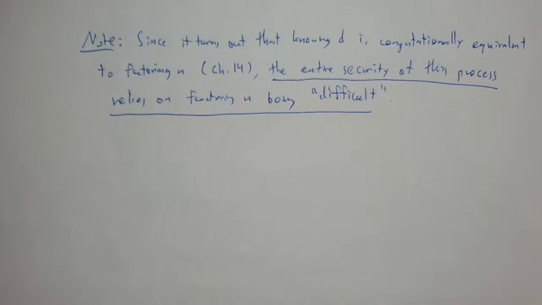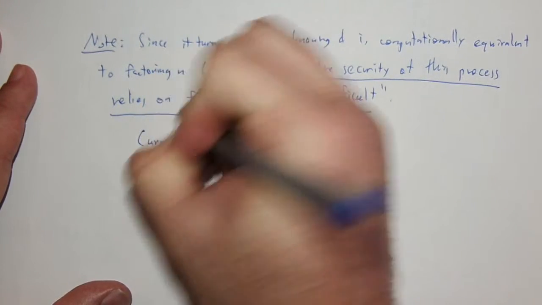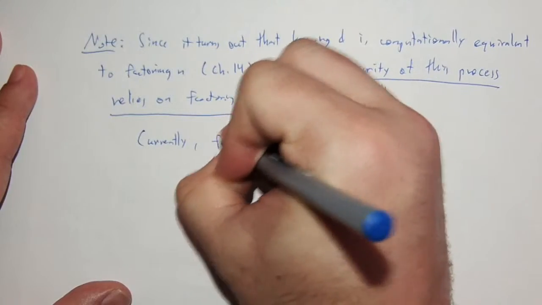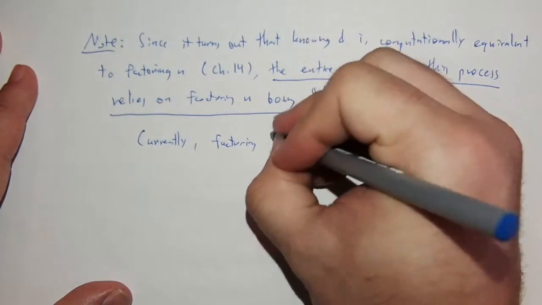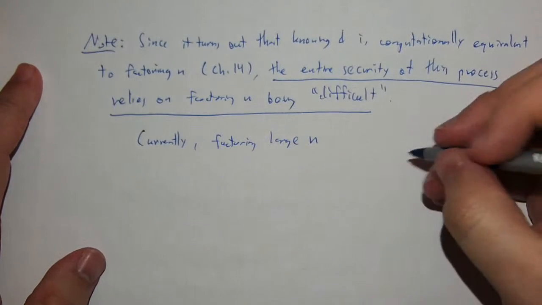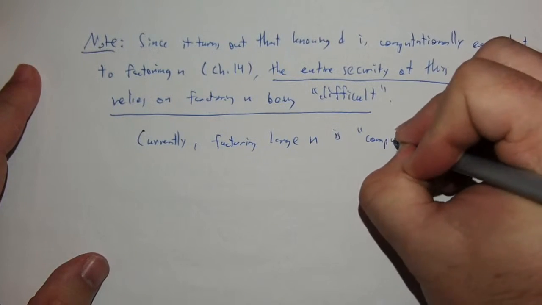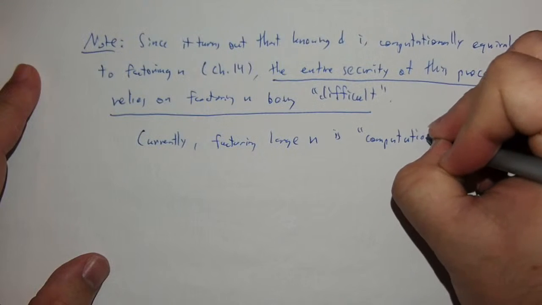Okay. So the question is, is it difficult, right? So currently, factoring large n is, going to use scare quotes again, computationally infeasible.